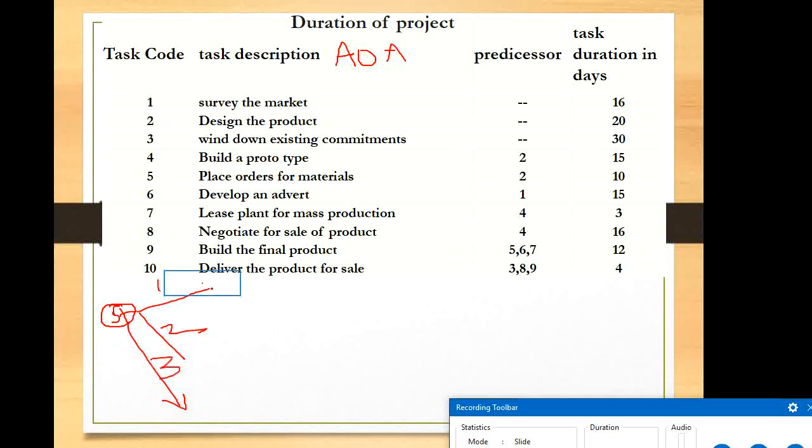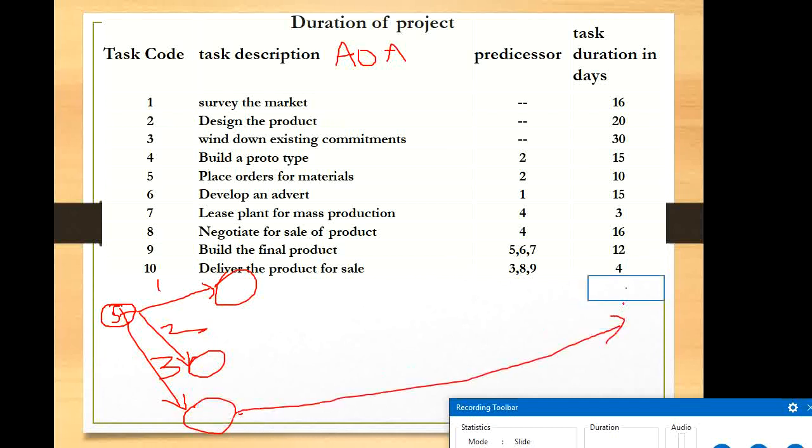You have to draw the network based on this kind of arrangement, right? This 3 directly goes to 10 because there are no other activities, right? So sorry, it is 10, right?